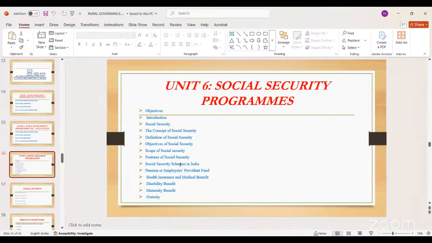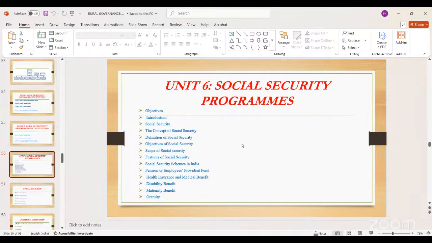Then we'll have a brief introduction about this. After that, we'll define what social security is. We'll also go into the concept of social security, what social security is all about. And we'll also see some standard definitions of social security.